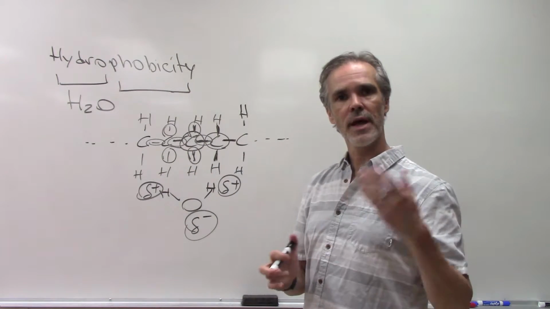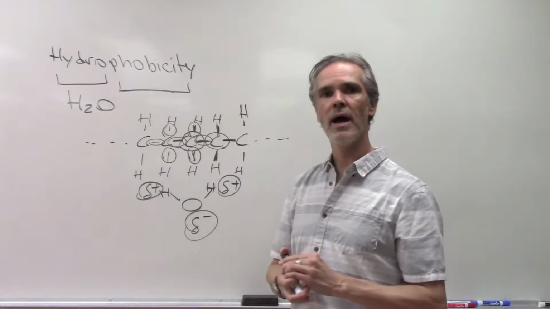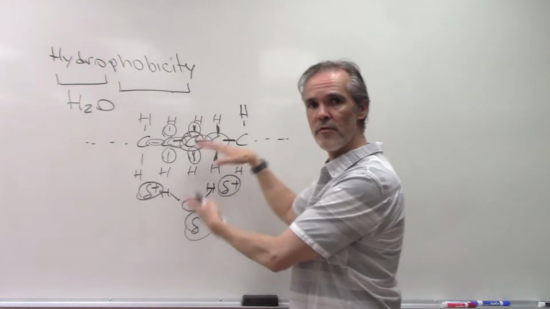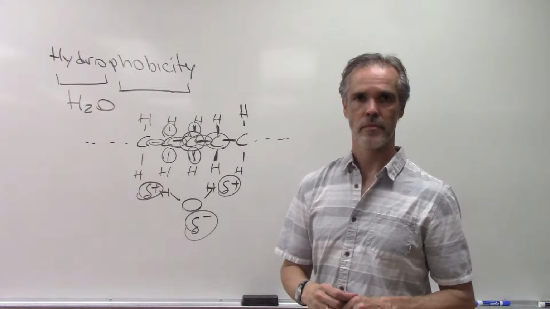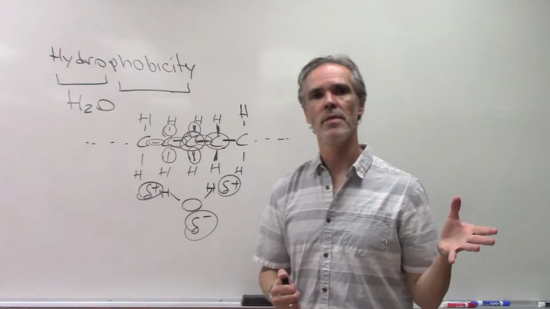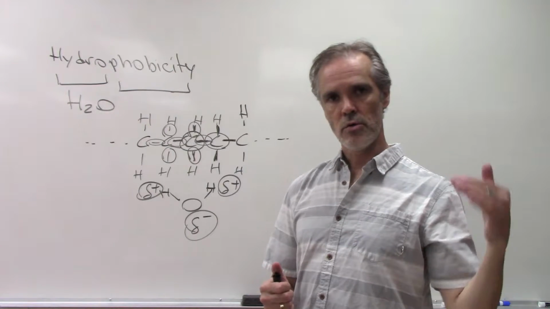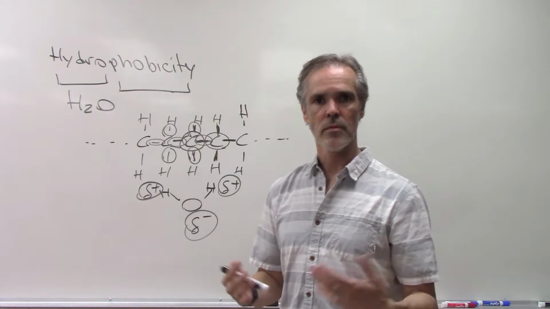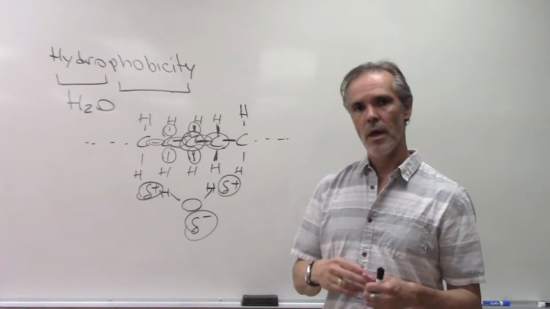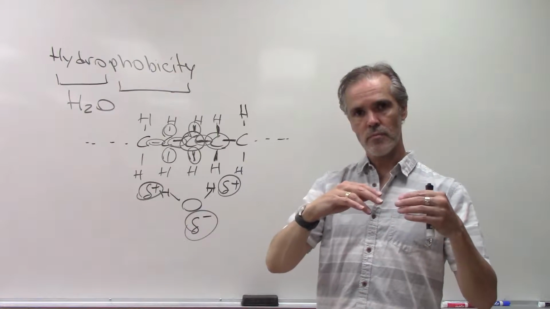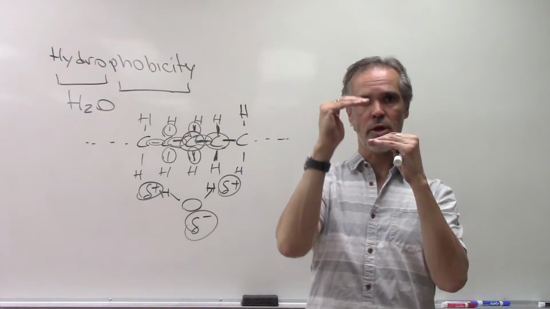So now what's going to happen when we have an environment that has both of those together? They won't mix. Think, for example, of making a salad dressing: you have vinegar that's mostly water, and then you add olive oil on top of that. As you mix them, you see that there's a separation between the two.